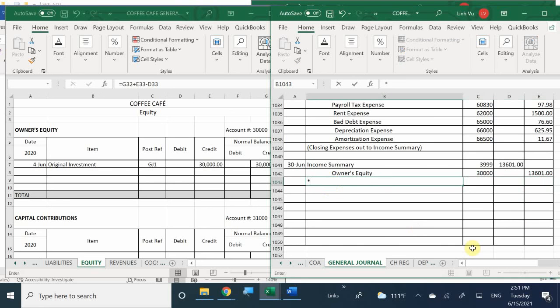My note here in my journal: close out income summary to equity.